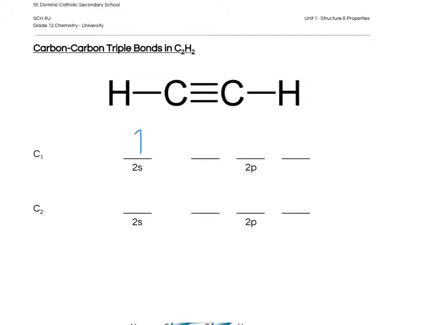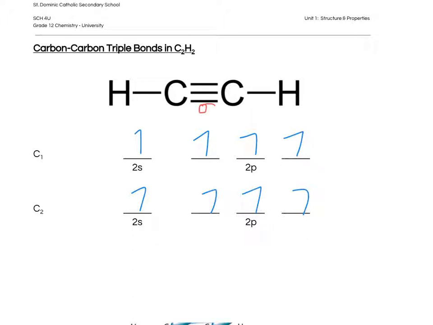I'm going to start as we have before, just outlining the following distribution of electrons into each of carbon's orbitals. And in this case, I'm going to remind you that a sigma bond is a direct overlap. And so one of the bonds in the triple bond has to be a sigma bond.